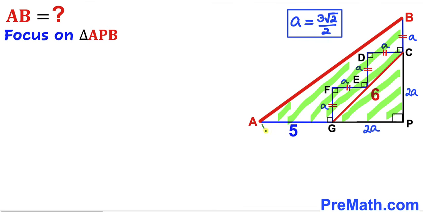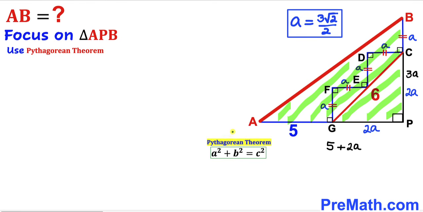We know this side AP is going to be 5 plus 2 times a. And likewise, this side BP is going to be a plus 2a, which makes it 3 times a. Now we are going to apply the Pythagorean theorem on this triangle once again: a squared plus b squared equals c squared.